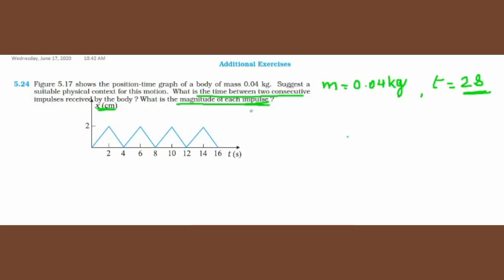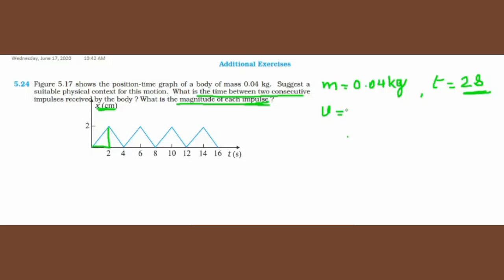Now what is the magnitude of each impulse, for which we have to calculate the velocity? You can calculate the velocity by taking the slope. Here on the slope you have to take like this.